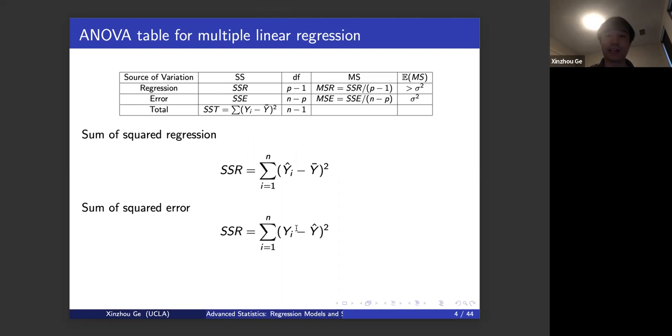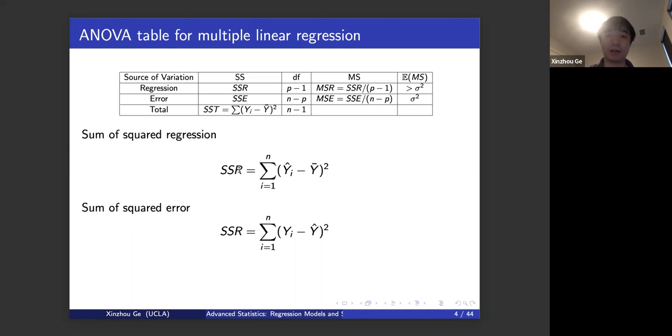So it means that from our model, this SSR explains the part which cannot be explained by the model, the random errors. If a model is good, then SSR should be small because the majority of the randomness can be explained by the model.